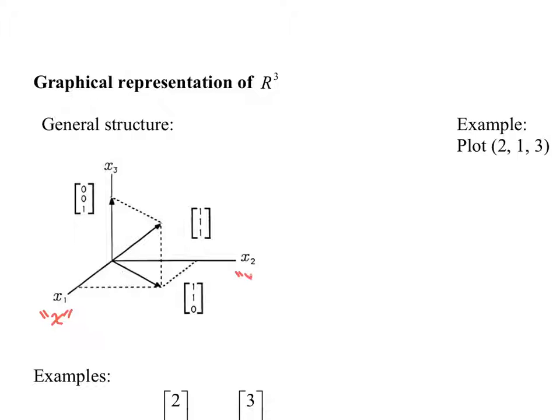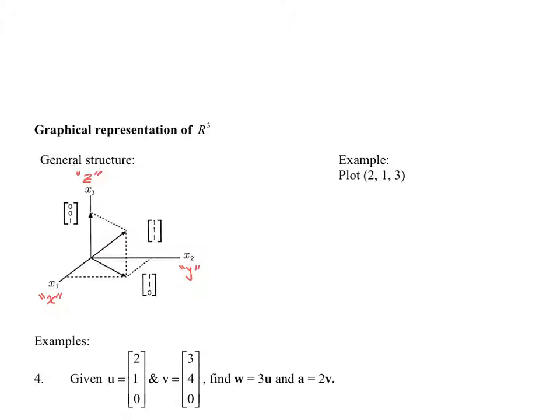Then you have your y-axis, and then you have your z-axis. So when I'm plotting 2, 1, 3, I'm taking 2 steps in the direction of x or x1, then 1 step in the direction of y or x2, and then 3 steps in the direction of z or x3.